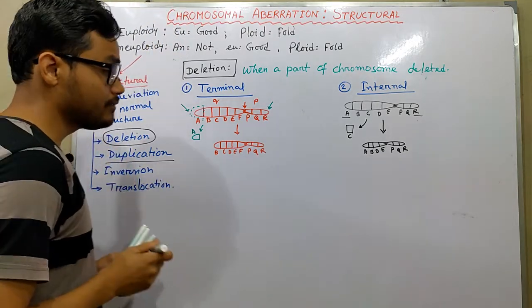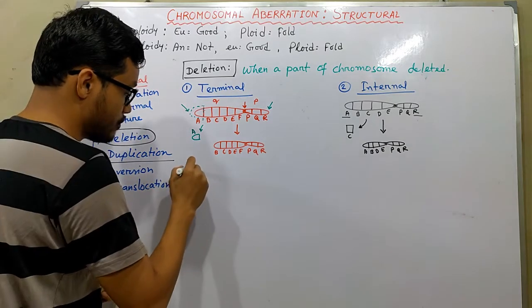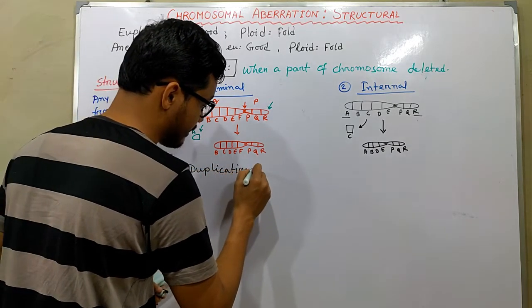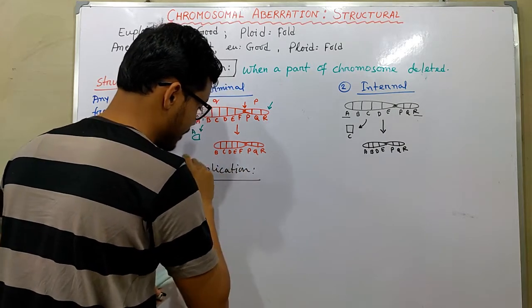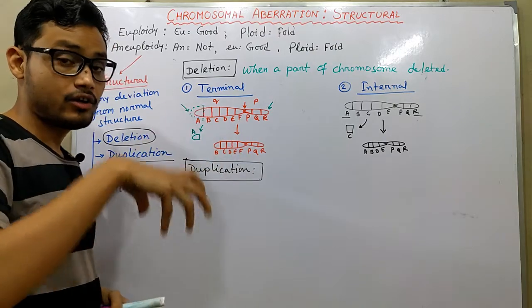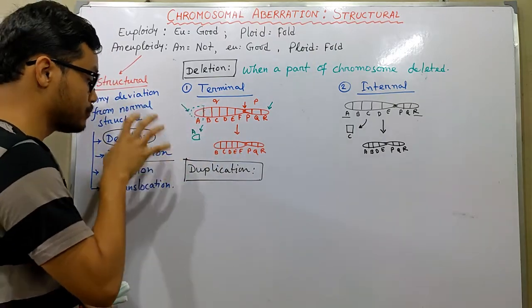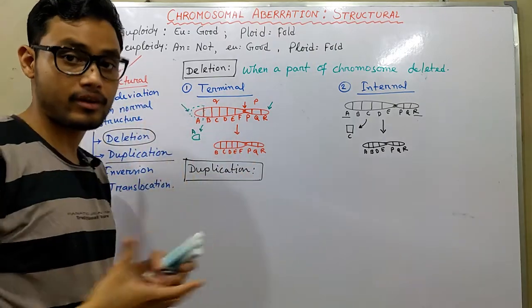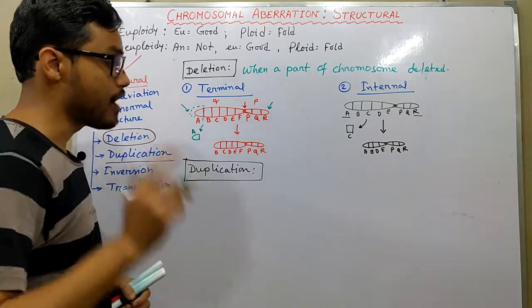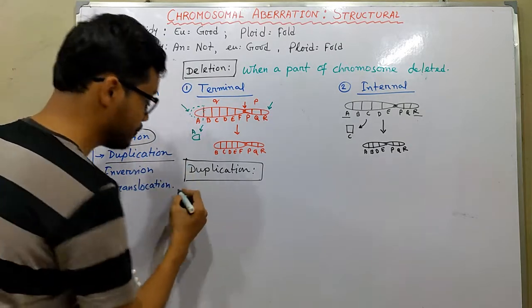So what does duplication stand for? Duplication stands for when a portion is duplicated. That means when a portion is copied and attached to the same chromosome, this phenomenon is known as duplication. In case of duplication, we find three types of duplication.